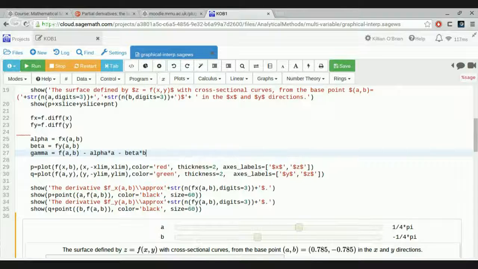So that alpha, beta, and gamma should be the coefficients in that equation z equals alpha x plus beta y plus gamma for the tangent plane.